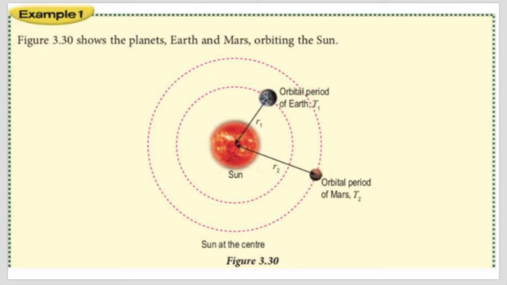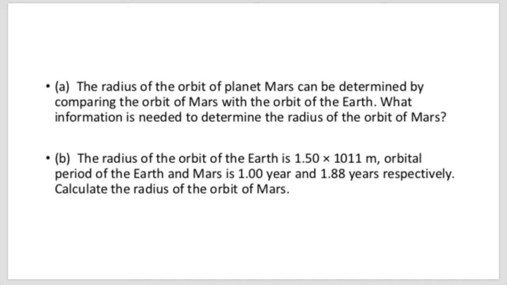This is on page 100, page 100 and page 101 and page 102. All right. So as you can see, the Earth has its own radius R1 away from the sun, and Mars has its own radius of its orbit, which is R2. And the orbital period is also T1 and T2.